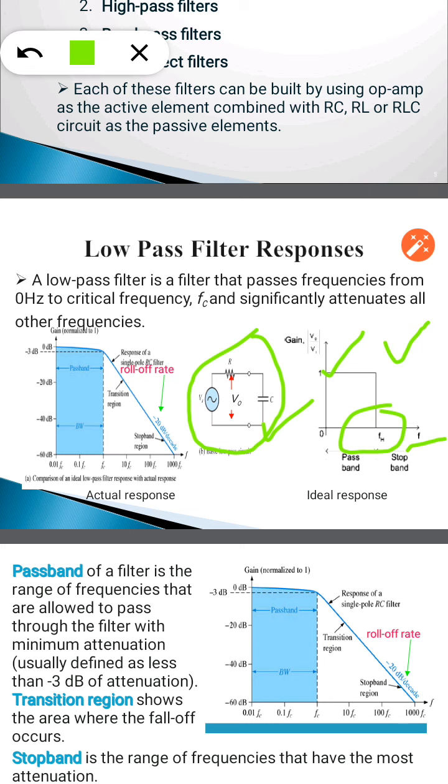This is what happens ideally. Suddenly at the cutoff frequency the gain becomes 0, but practically this type of response cannot be achieved. So practically we will get some kind of roll off rate. Roll off rate means the rate at which the gain is getting dropped, right?